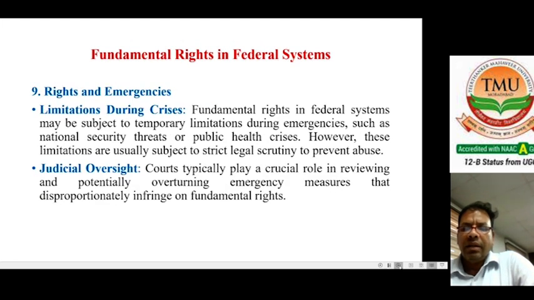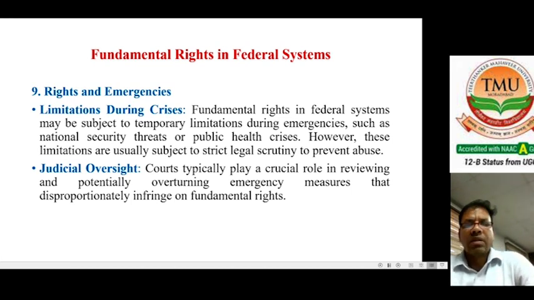Next are the rights related to emergencies, that is, limitations during a crisis. Fundamental rights in federal systems may be subject to temporary limitations during an emergency, such as national security threats or a public health crisis. However, these limitations are usually subject to strict legal scrutiny to prevent abuse.